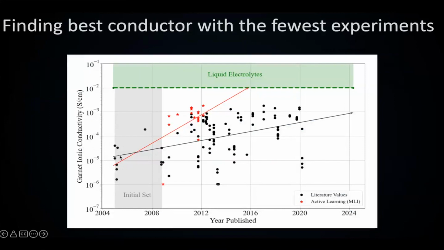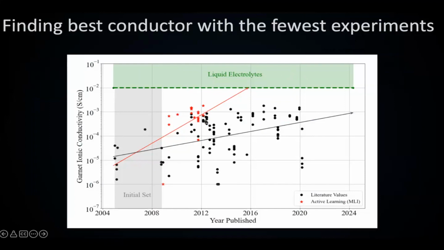And you can see how with time we're getting better. The ionic conductivity in general increases, but we're going kind of slowly, okay? In about 15 years, we've improved to some degree, but we're still far away from the liquid electrolytes that we use today in batteries. So it'd be good to be able to speed this up.